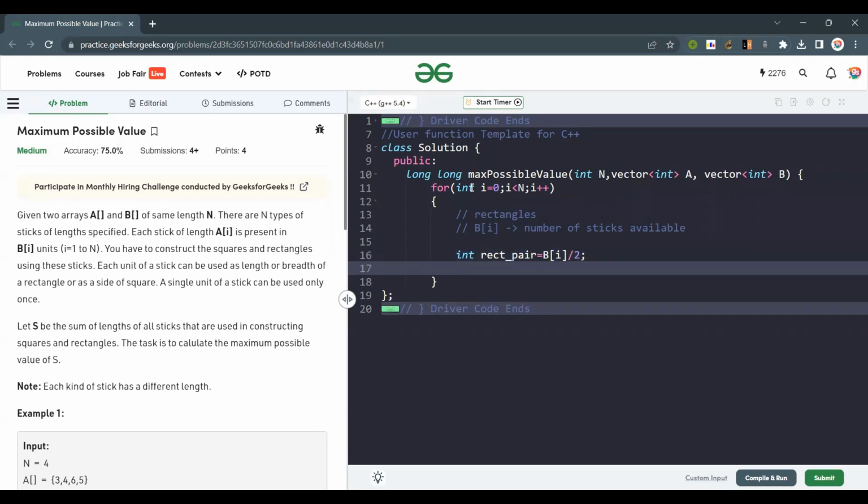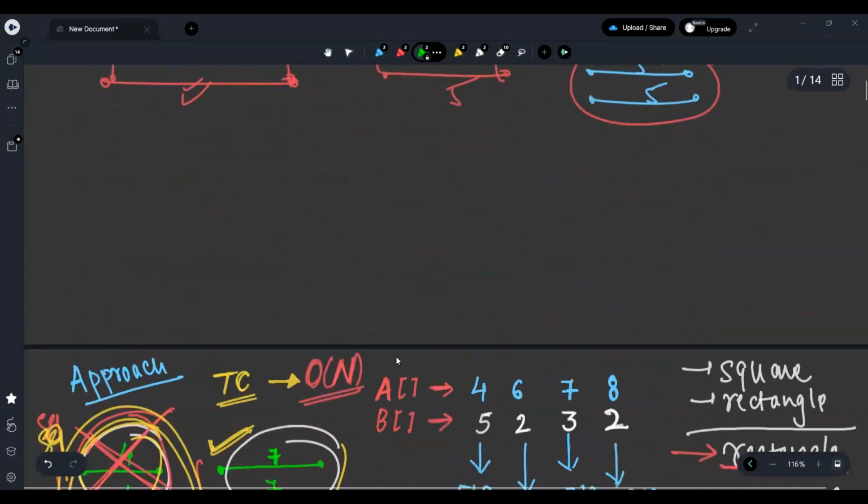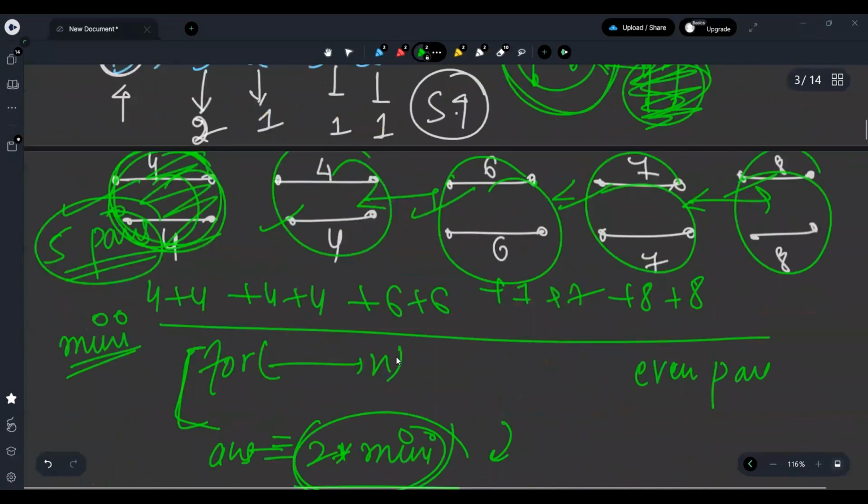Now whenever we add to the answer, we will add rectangle pair. That means like here, whenever I created the pair, I have created the pair 4, 4, 6, 6, 7, 7, 8, 8.